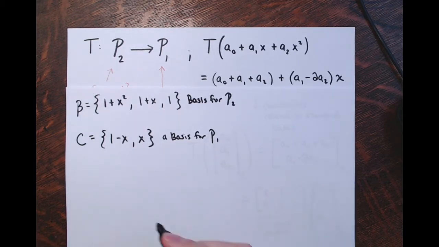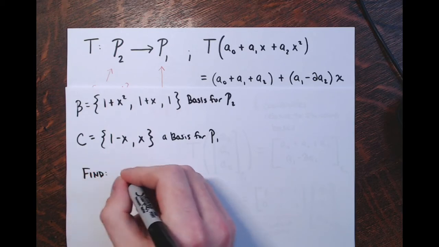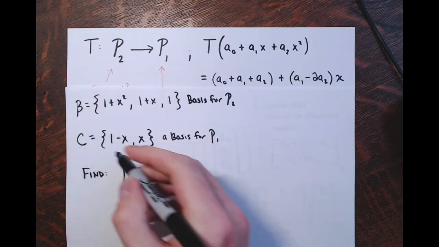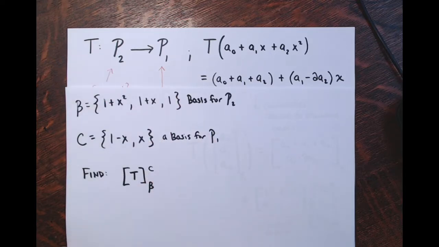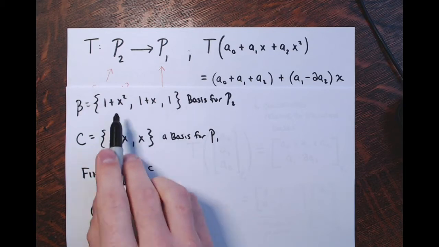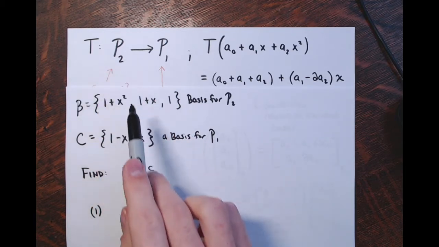Again, what I'm asked to find is the matrix representation of T relative to these two bases. So first I just plug in the basis vectors for the domain.